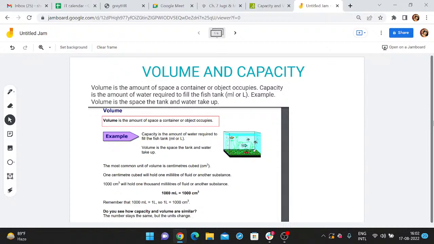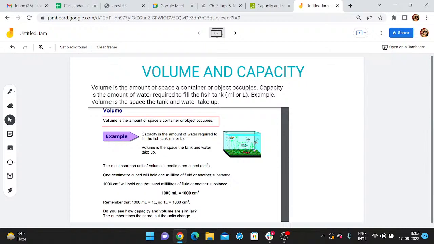As you can see on the screen, the definition of volume: volume is the amount of space a container or object occupies.